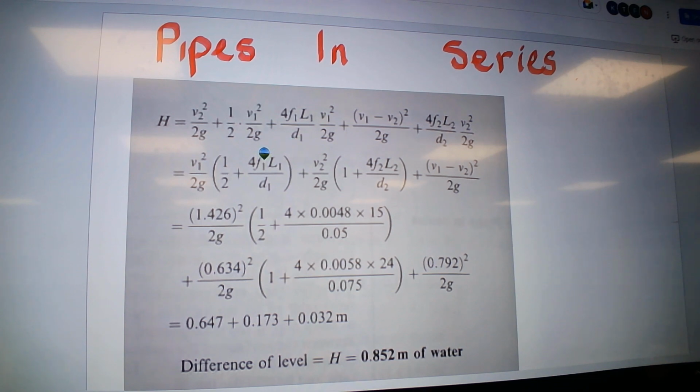We know the difference between velocity 1 and velocity 2. We can put in the values: f2 for the second pipe, length 2 for the second pipe, and then the D2 and 2g. We just put that in rather than simplifying. You can skip these parts. Straight away you do that and it will give you the answer straight away. So if you want to try, just put the values in the first one and you will find an answer. Please.